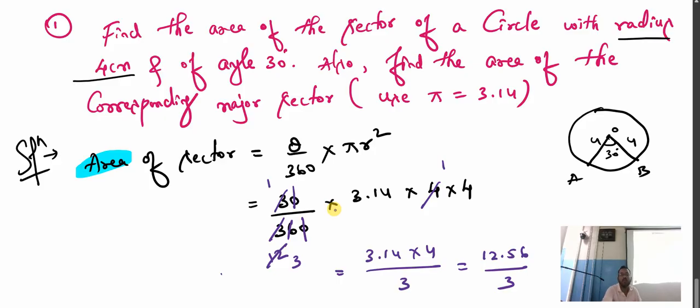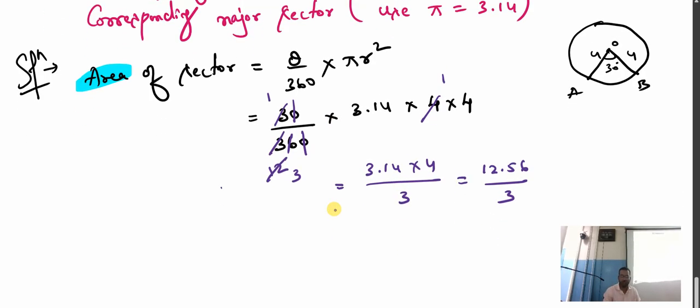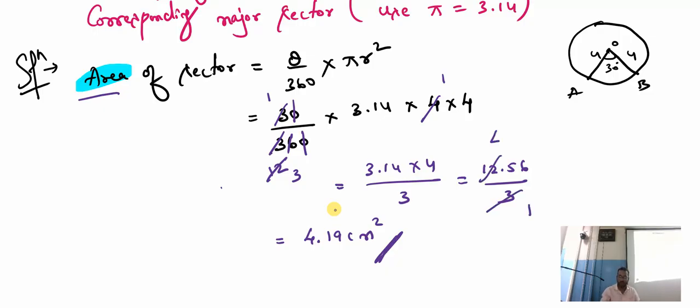Then 12.56 divided by 3, how much? It is around 4.19 centimeter square, since it is area. If you want, you can see here 3 ones are 3, 3 fours are 12. Here the point is there, shift this point as it is.